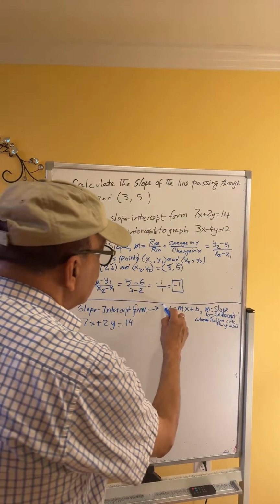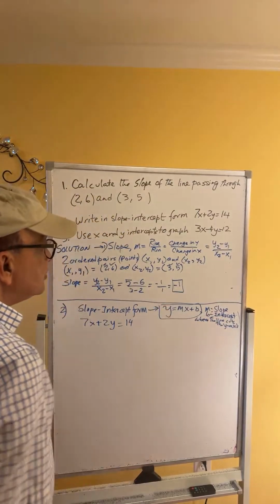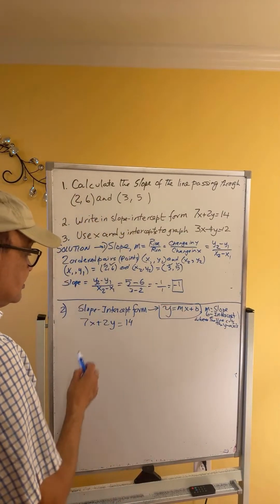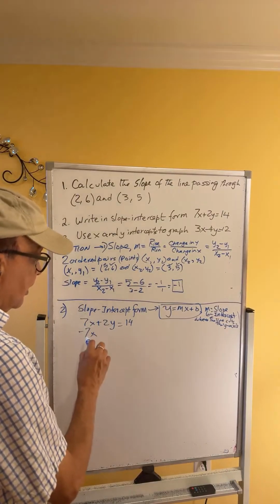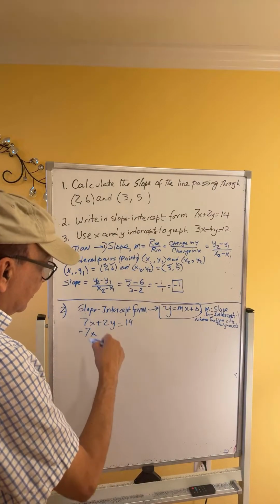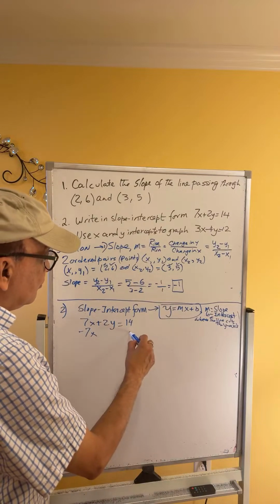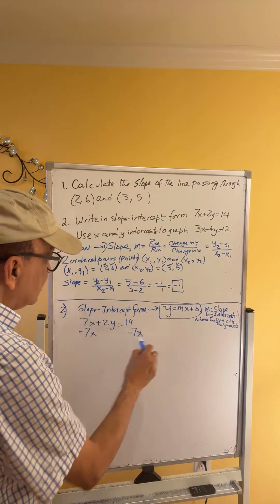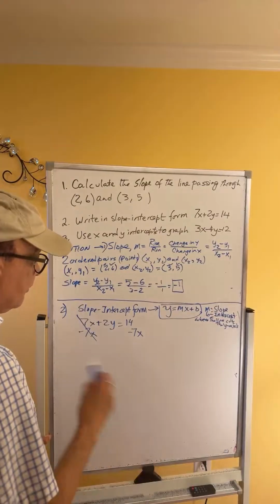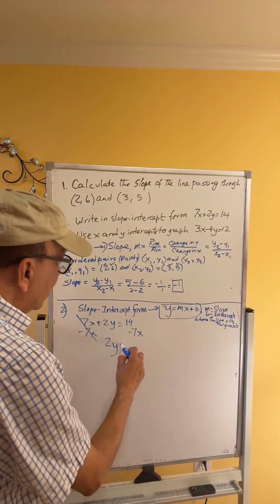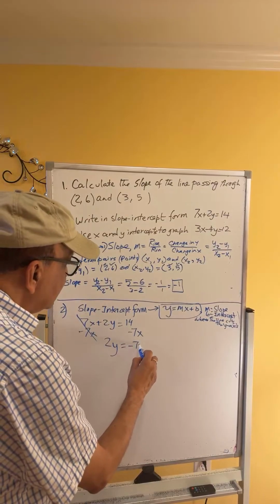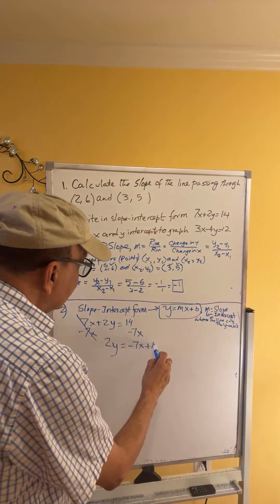So as you see the equation in this form, y is on one side, x is on the other side. So we have to remove x from the left as well. If we subtract 7x from the left, we'll also subtract it on the right. In this case, x from the left hand side cancels. So we are left with 2y is equal to minus 7x plus 14.